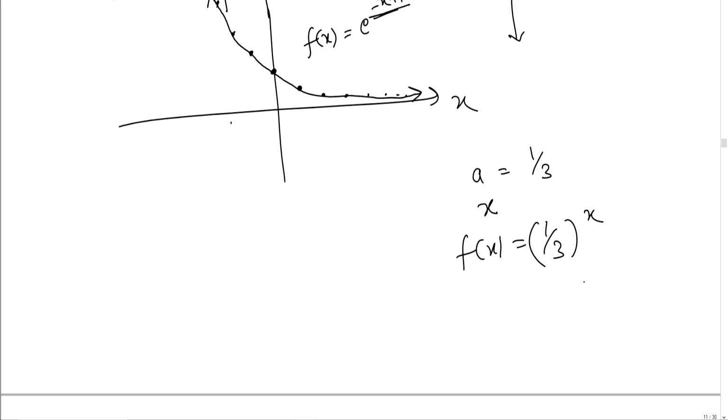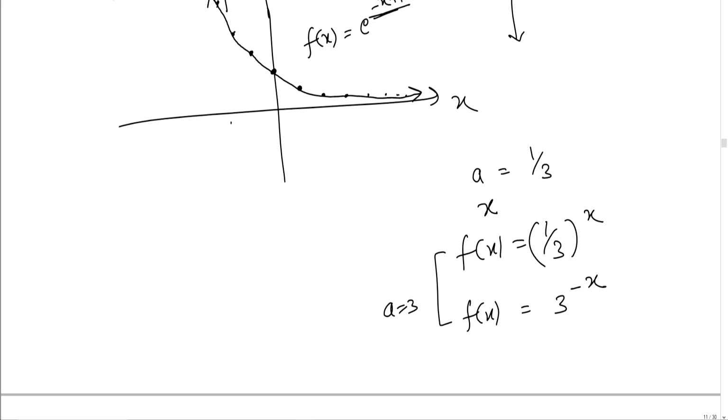And you know, when we draw the graph of such functions, when a is less than 1, the graph is decreasing. Versus, what if the base is 3 and the power is minus x? What is the difference between these two functions? Can you tell me?